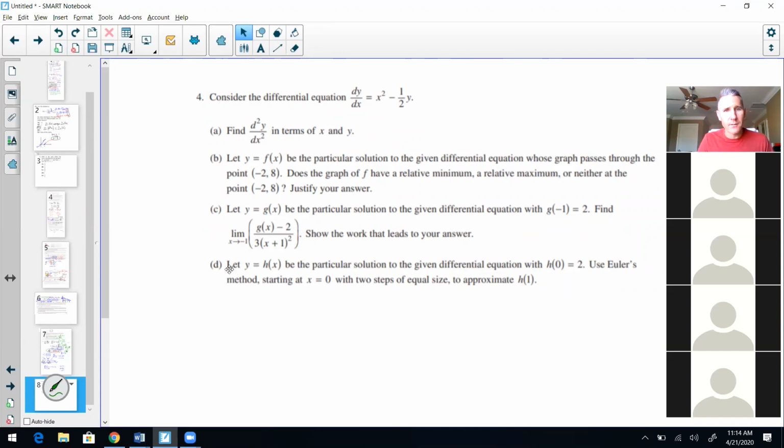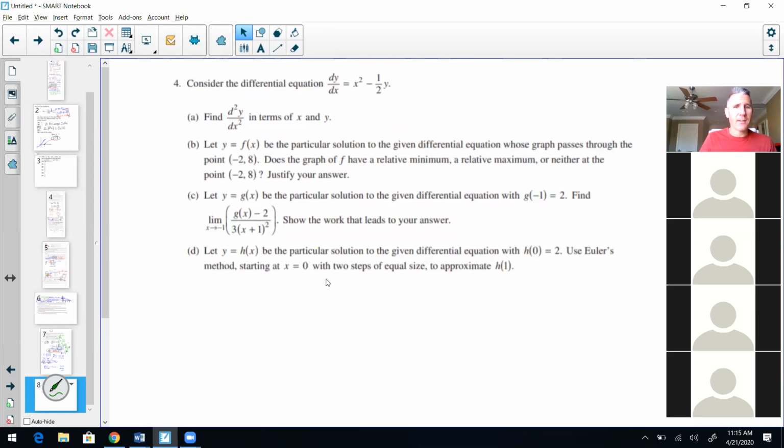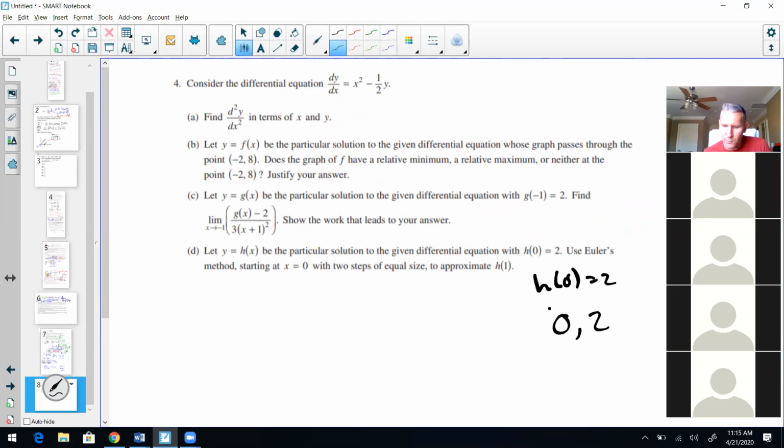They're telling us y equals h of x is the particular solution, and h of 0 equals 2. So I'm starting at (0, 2). Okay? And now it says use Euler's method starting at x equals 0 with 2 steps of equal size to approximate h of 1.